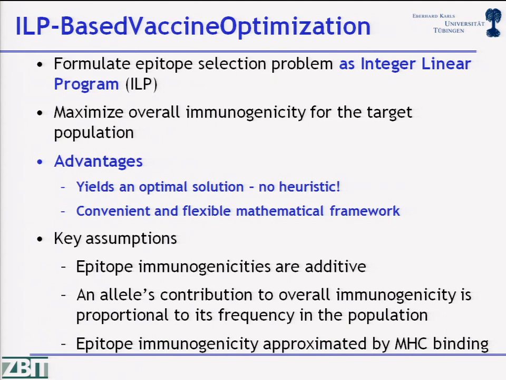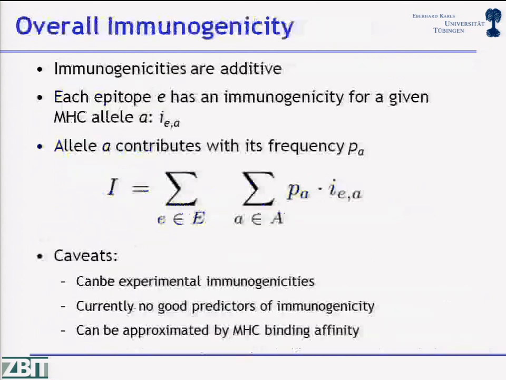There are some things going on that are not exactly additive, but this is the best model we have so far. We also assume that an allele's contribution to overall immunogenicity is proportional to its frequency in the population. So basically our total immunogenicity is a measure of the immunogenicity on the whole population, on a representative set of the population. And we assume that we can approximate the immunogenicity by the MHC binding strengths, but this is not necessary for the formalism.